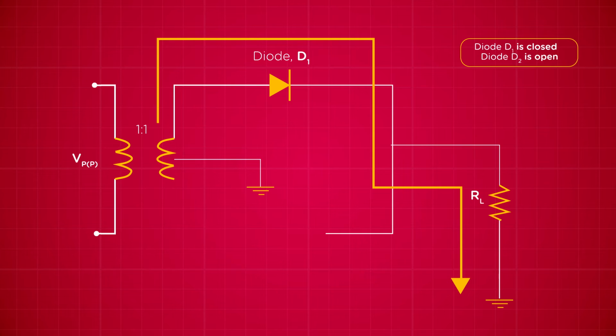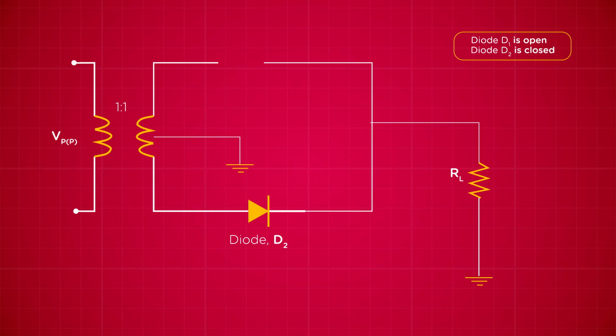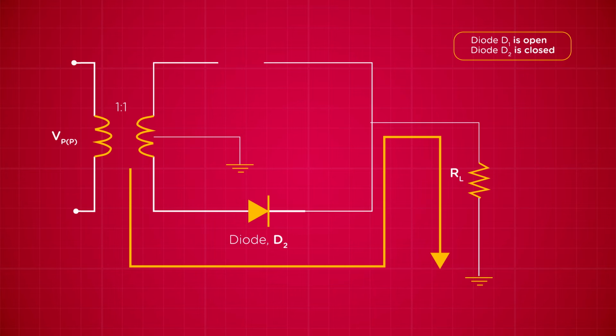The amplitude of the signal at the load will be Vp, which is the peak voltage of the AC signal, divided by 2, minus 0.7, which is the typical voltage drop across a diode. Now, during the negative cycle of the AC signal, diode D2 is forward biased and diode D1 is reverse biased. The current from the source will flow through D2. The waveform at the load will also be Vp divided by 2, minus 0.7.